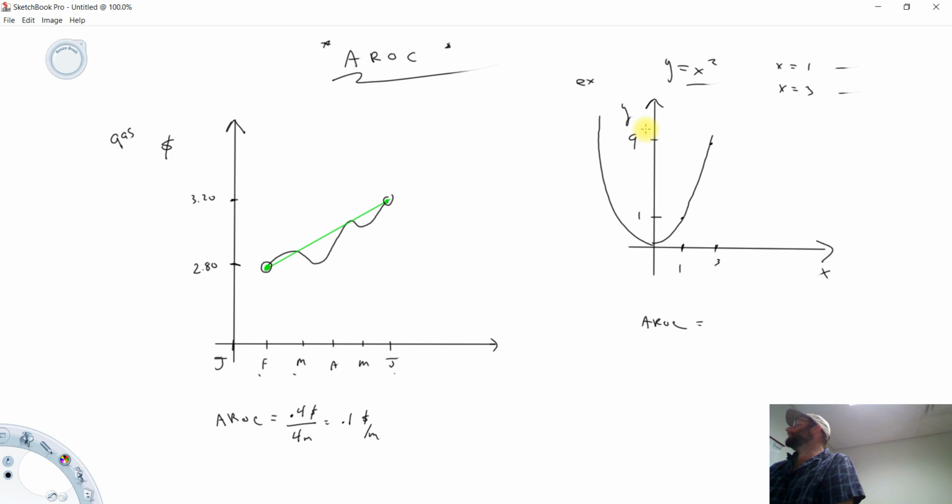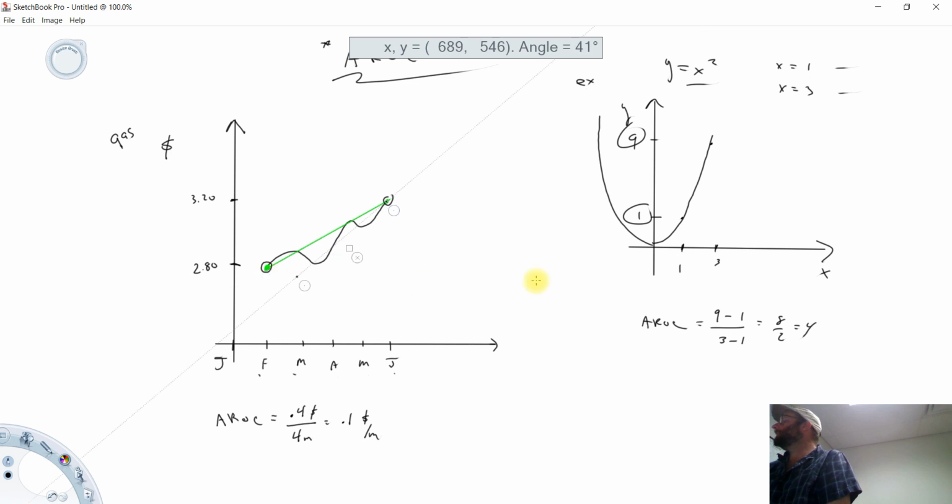So our average rate of change, I'm going to write this out like a slope calculation: y2 minus y1 over x2 minus x1, which is 8 over 2, or 4. So it's really just a slope calculation, but you typically have to calculate the y values in your homework. What we're getting is the slope of the line connecting these 2 points.